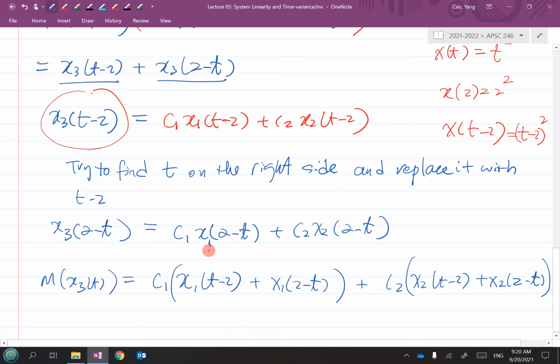But okay, somebody says you're trying to multiply x1 into the bracket. No, not like that. Factor out x1. This term here?